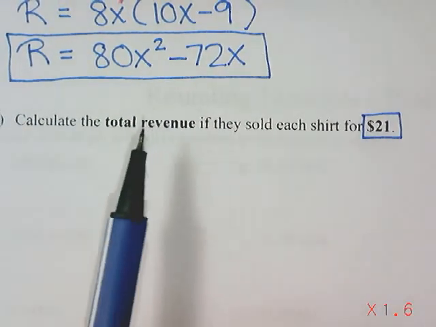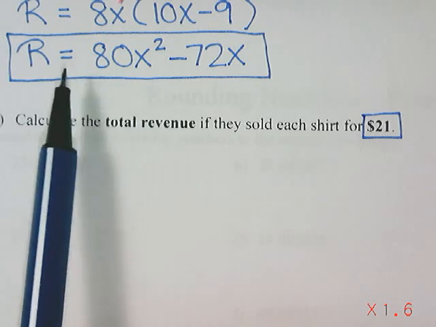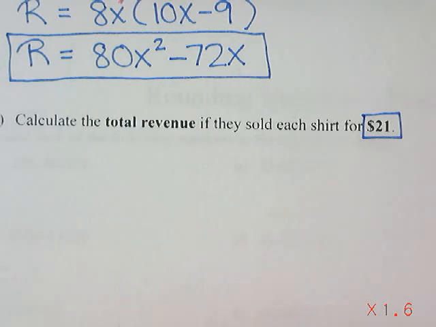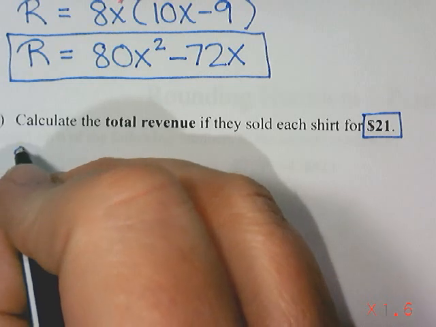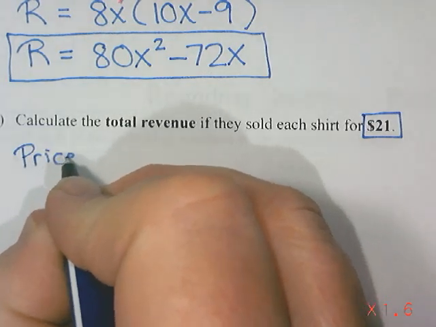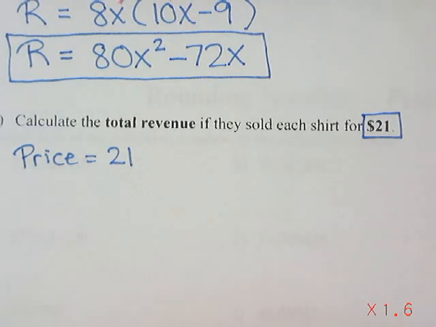I have a formula in part A for the revenue, but it has x's in it. It would really help if I knew what x was. So how could I figure out what the x is? Well, they told me that the price is $21. So I know that the price equals $21.